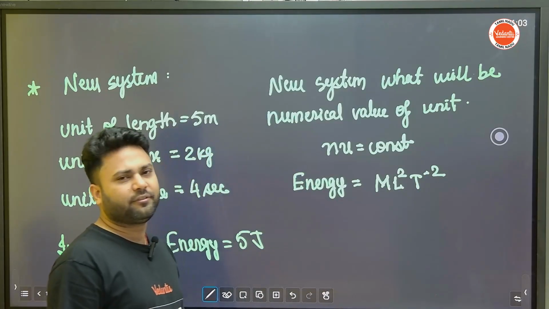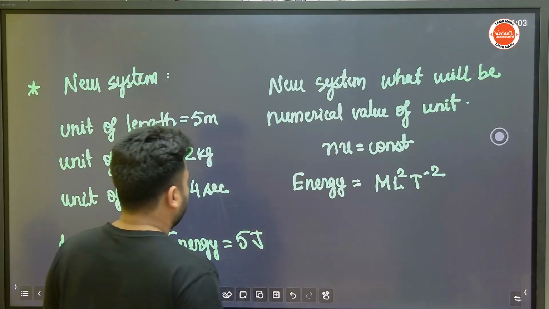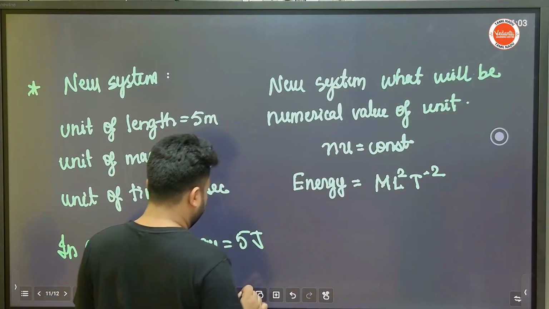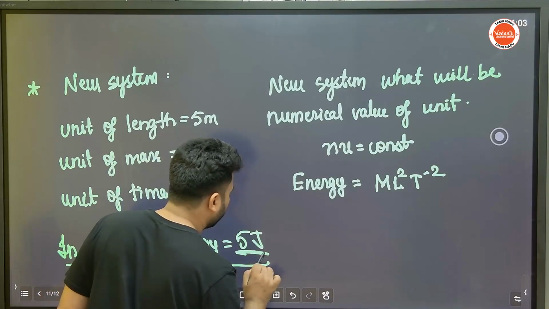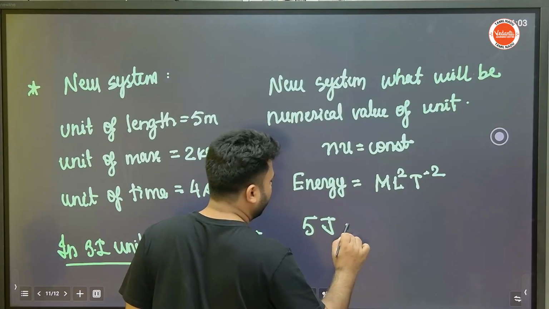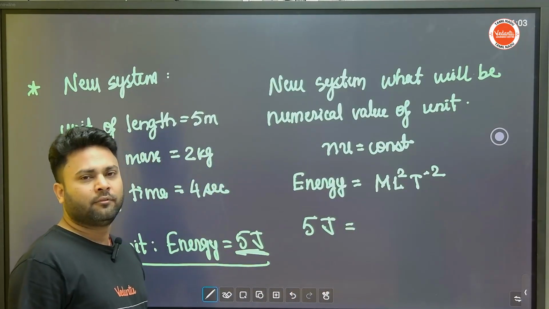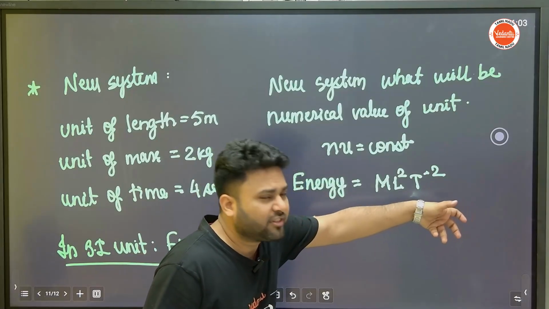So in the SI unit system, they have given 5 joule. We have to find what number in the new system.